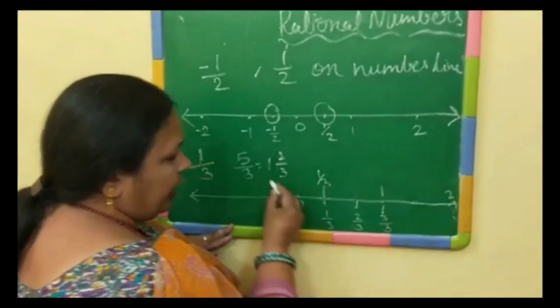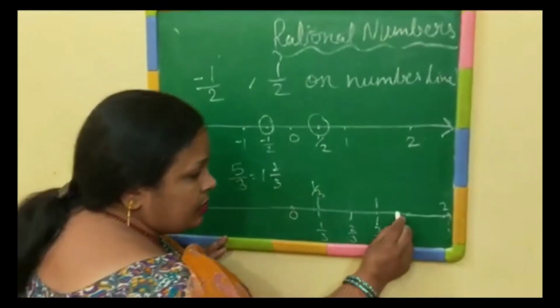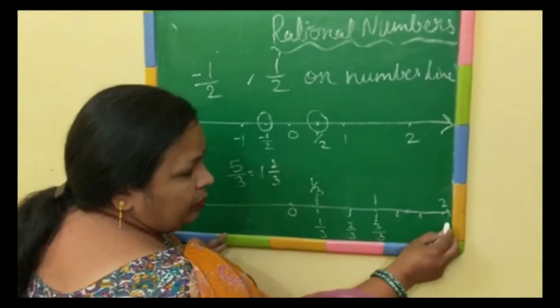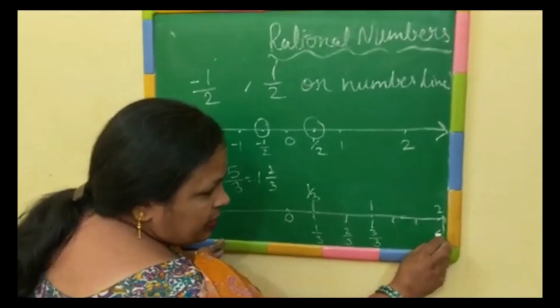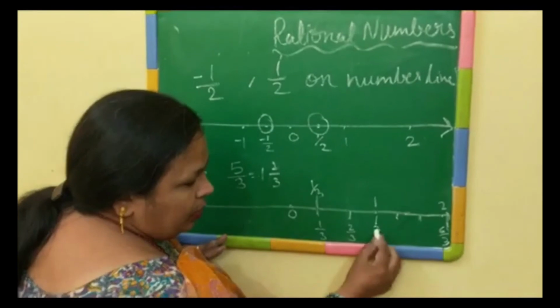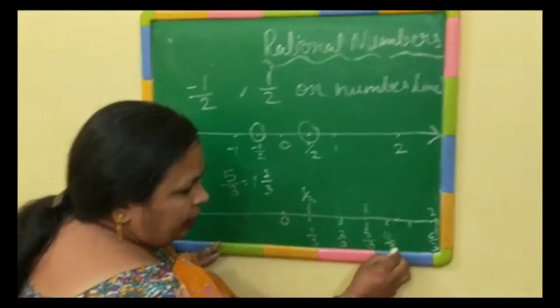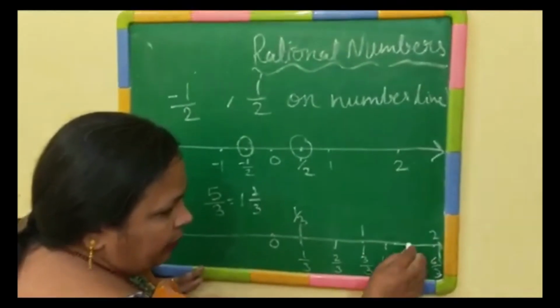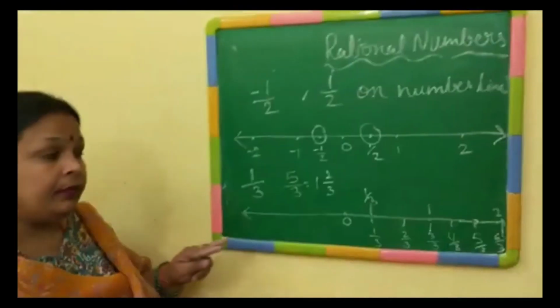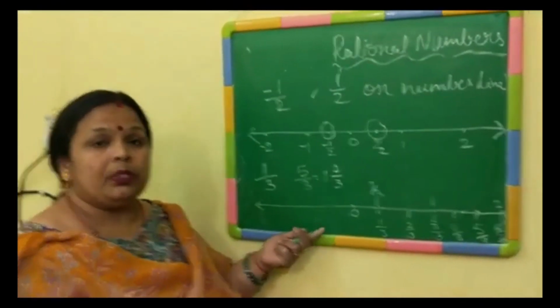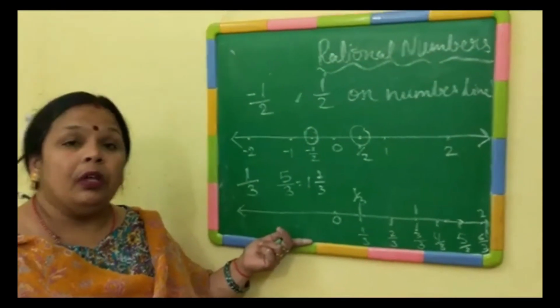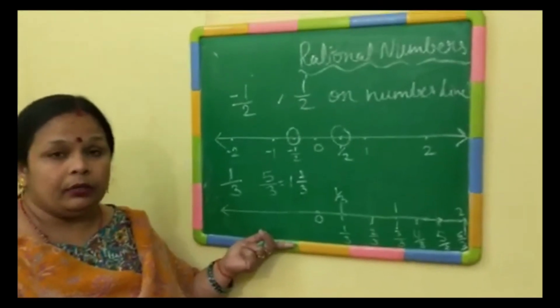Again you need to do the 3 equal divisions. So this division is 6 by 3, that is 2. This is 4 by 3, and this is 5 by 3 we are talking about. Clear? I hope the concept is clear. Now you can easily represent the numbers on a number line.